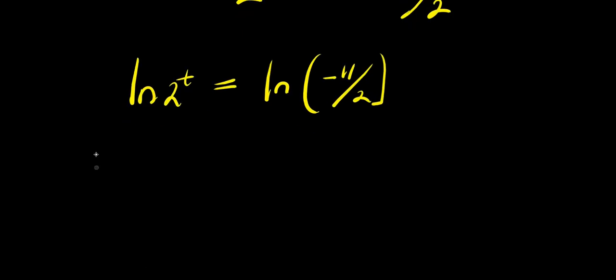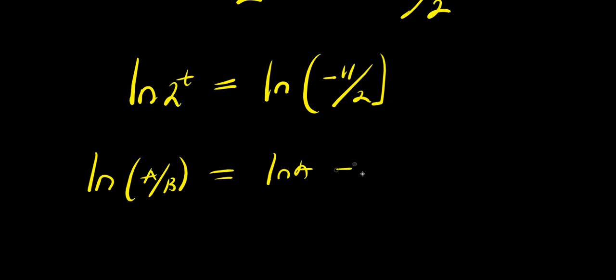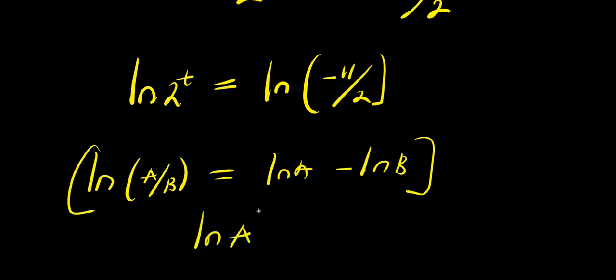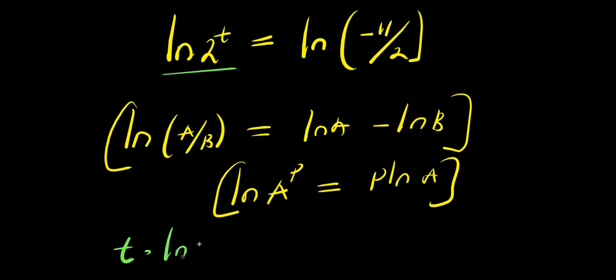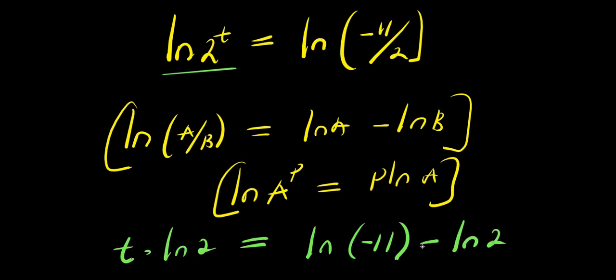Alright, so from here, if I have ln(a/b) equals ln a minus ln b, and also if I have ln(a^b) equals b times ln a, then applying that here, this is t times ln 2 equals ln(-11) minus ln 2.